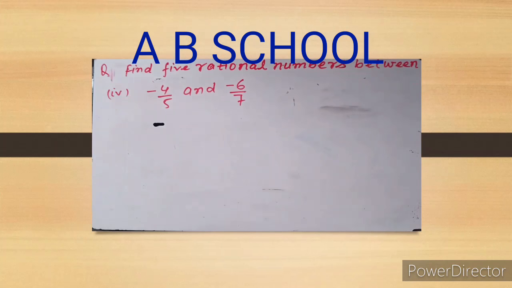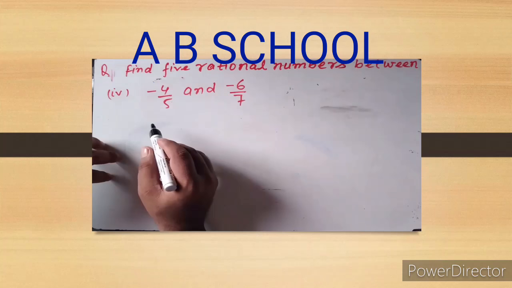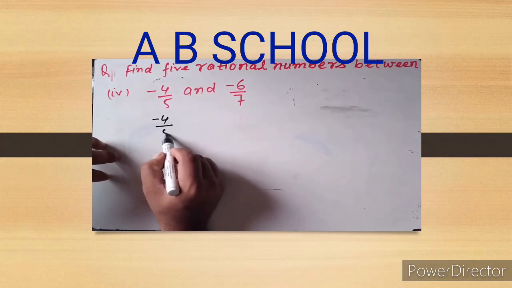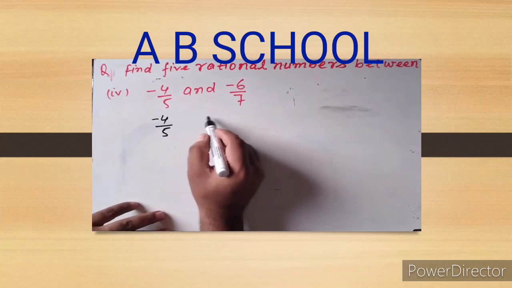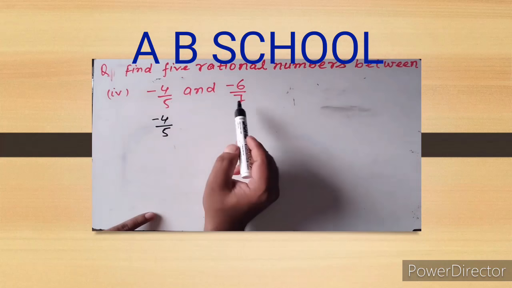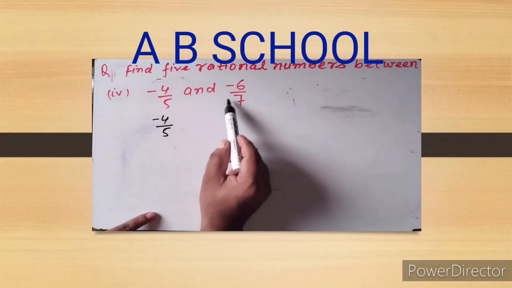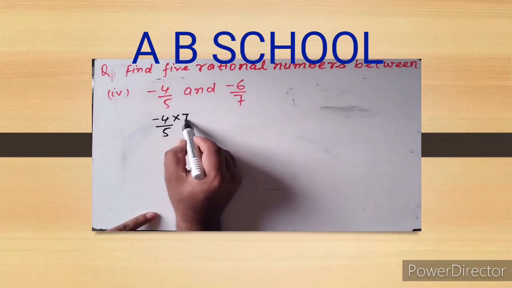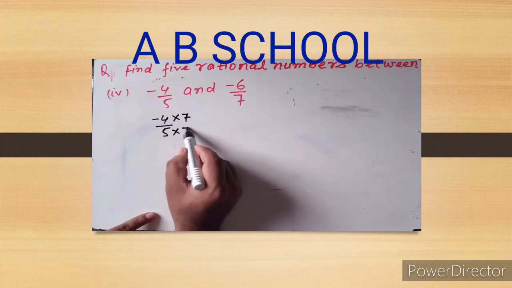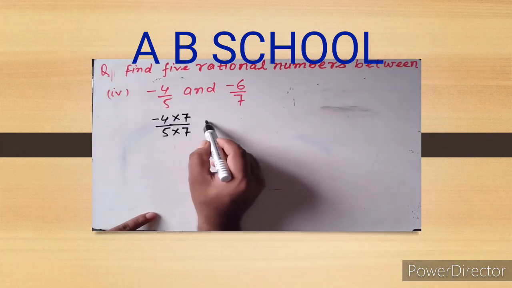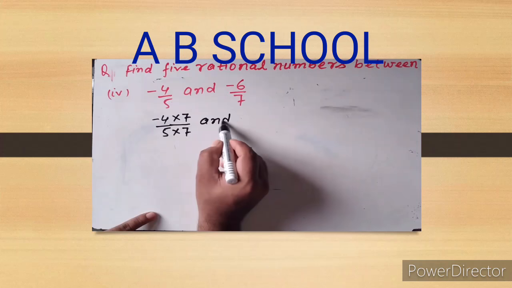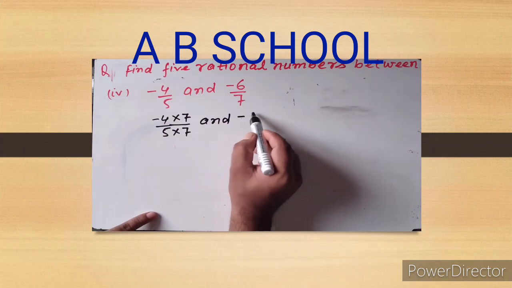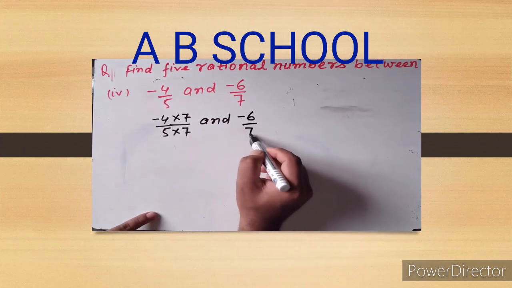Here -4 upon 5, and we will take the denominator of this one. This one's denominator is 7. We will multiply this numerator and denominator by 7, and we will take this one -6 upon 7.